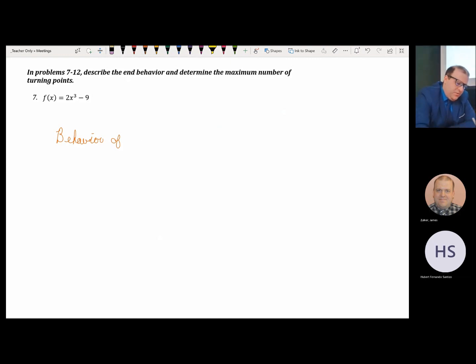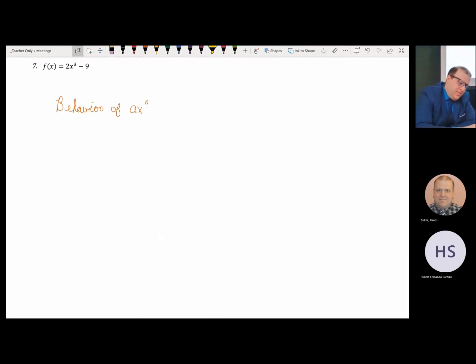I actually want to do ax to the n. If n is even, there are 2 ways that this graph could look.